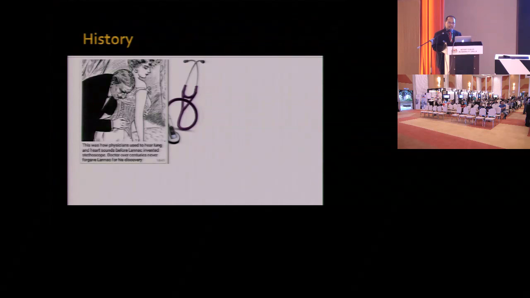But before the stethoscope was invented, this is how doctors listened to the patient's chest. They just put their ears at the back of the patient and listened to the heart sound and the chest, to see whether there was any problem. Most patients are uncomfortable with this situation.